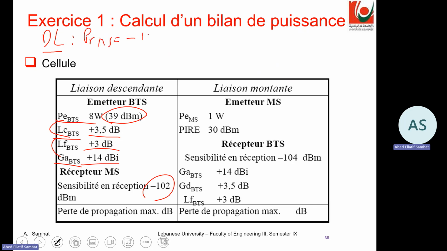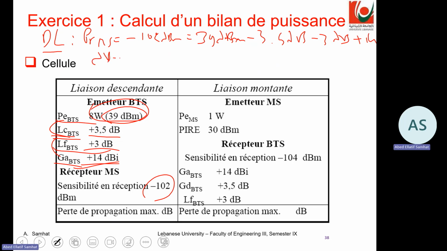So typically the received power at the mobile station, which is equal to minus 102 dBm, is equal to the transmitted power, which is 39 dBm, minus 3.5 dB loss, minus 3 dB, plus the antenna gain of 14 dB. We also have to remove the path loss in the downlink.